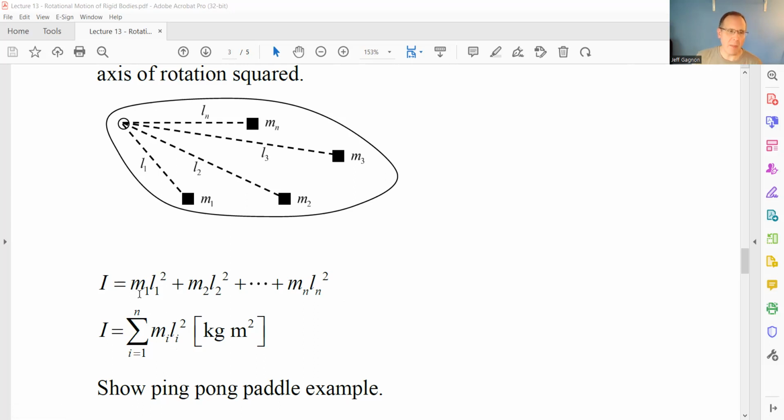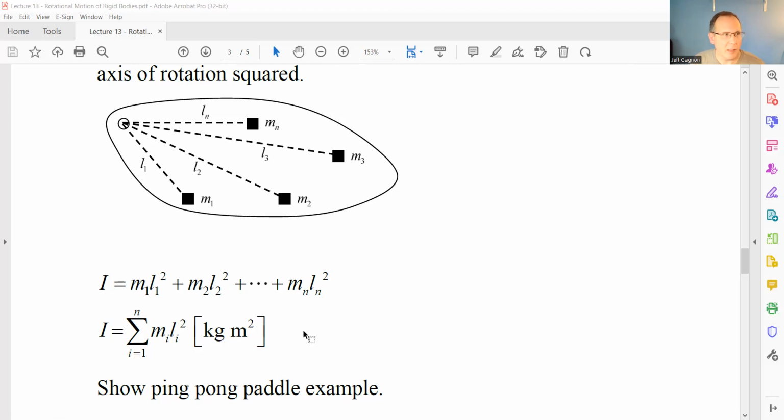Now, because it's a mass times a distance squared, the units for the moment of inertia are kilograms times meters squared. Okay. Now, again, this is the theoretical definition. Typically, you have simple shapes like a disc or a ring or a rod.